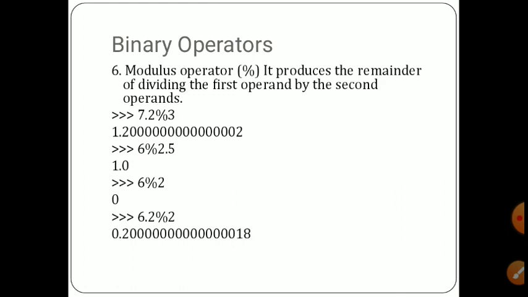Then the modulus operator, it produces the remainder of dividing the first operand by the second operand. Okay, what is the modulus operator? It operates the remainder by dividing the first operand by the second one.